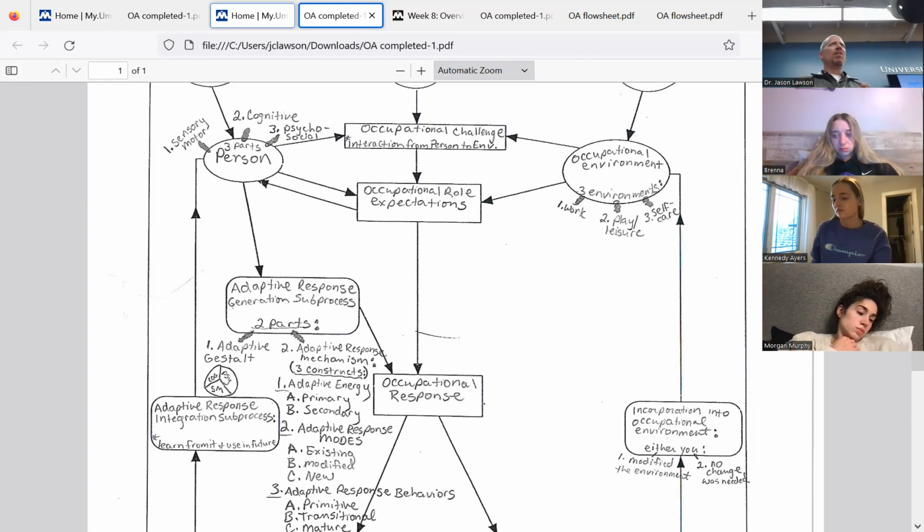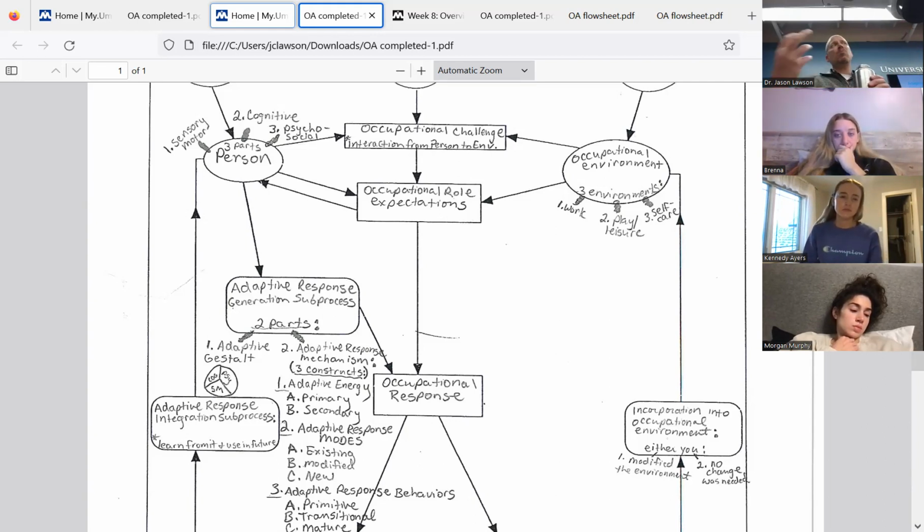And my psychosocial, well, I'm having coffee with you guys, I'm interacting. So my adaptive gestalt, if I'm having coffee with somebody, there's that psychosocial piece, or it could just be minuscule if I'm just having a conversation with one of my cats.